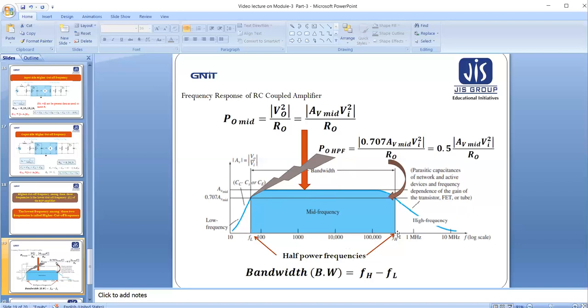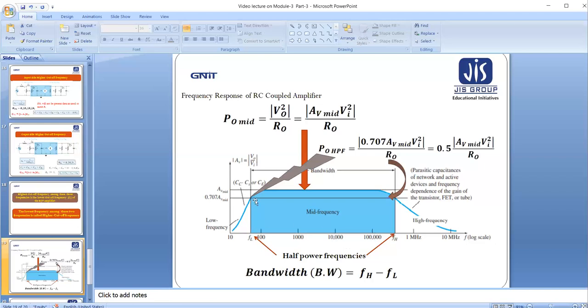Half power frequency means at this frequency the power is half and the gain is minus 3 dB. So that's why there are two names: one is half power frequency, or minus 3 dB frequency. Sometimes they call it the corner frequency. So many names are there.